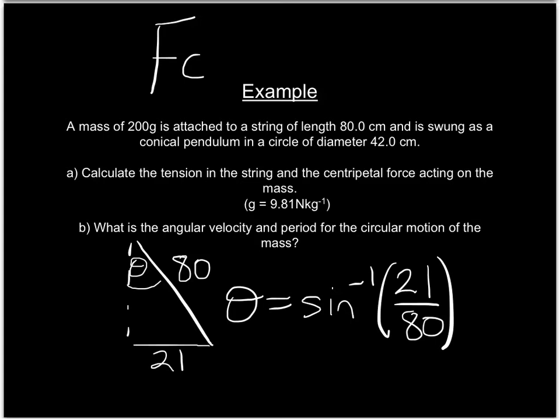centripetal force Fc equals m r omega squared. So there we can rearrange and find the angular velocity omega. The period, well, we know the period is related to omega, the angular velocity, by 2 pi divided by omega equals the period capital T. So once you've had a go, check your answer.